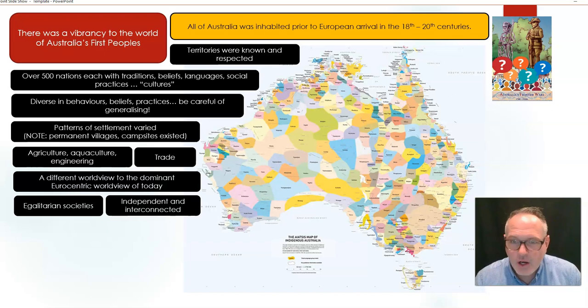The power structures of Europe didn't apply with these nations. Words like nations are European words to describe the gathering of people that matches our modern understanding of nations to some extent. The societies that we can generalize about within these 500 nations tended to be quite egalitarian.